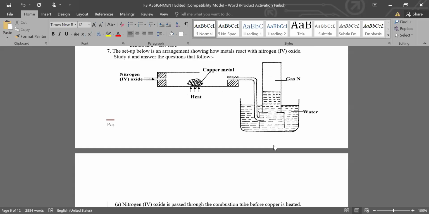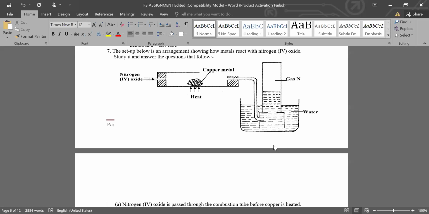The setup arrangement is showing how metal reacts with nitrogen 4 oxide. Nitrogen 4 oxide is reacting with copper, as you can see.